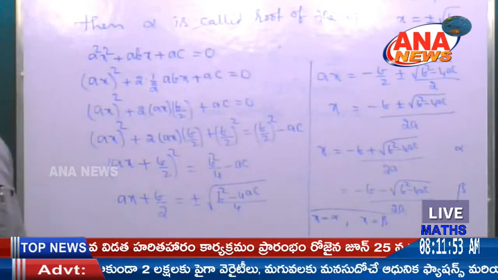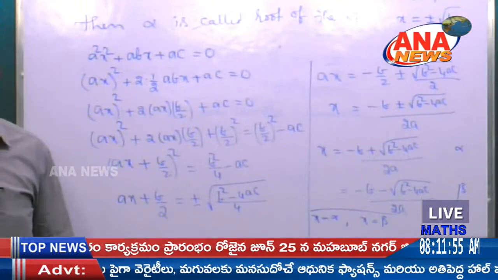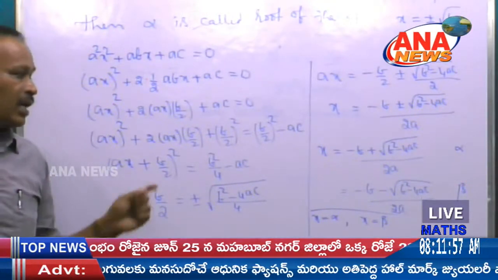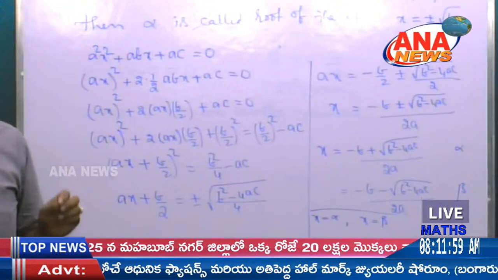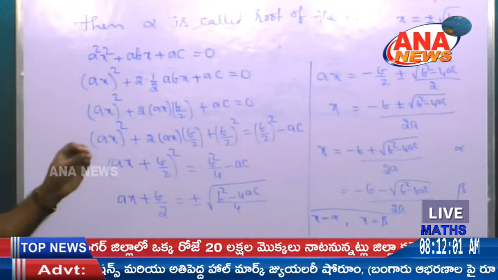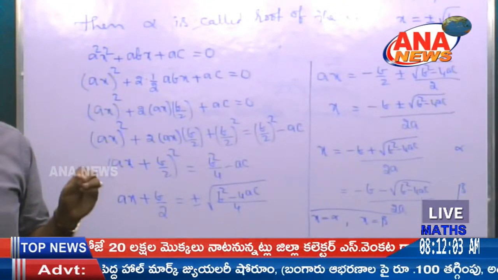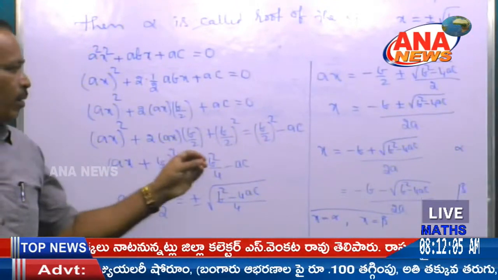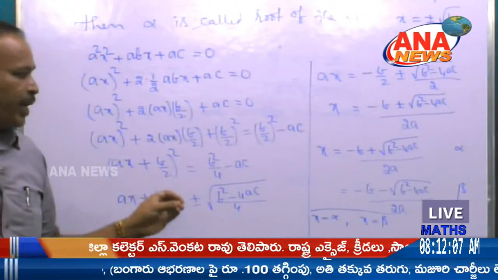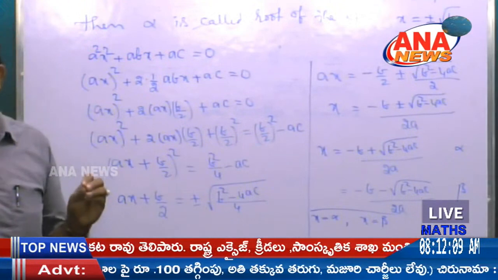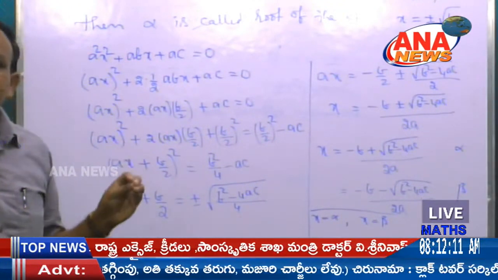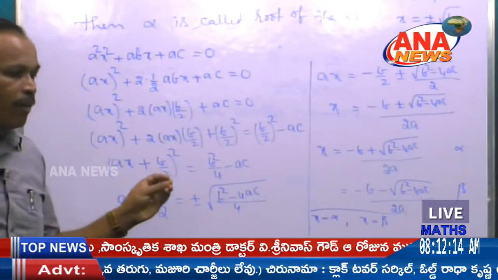So alpha, beta are the roots. In that, alpha is minus b plus root over b square minus 4ac by 2a, and beta is minus b minus root over b square minus 4ac whole by 2a.